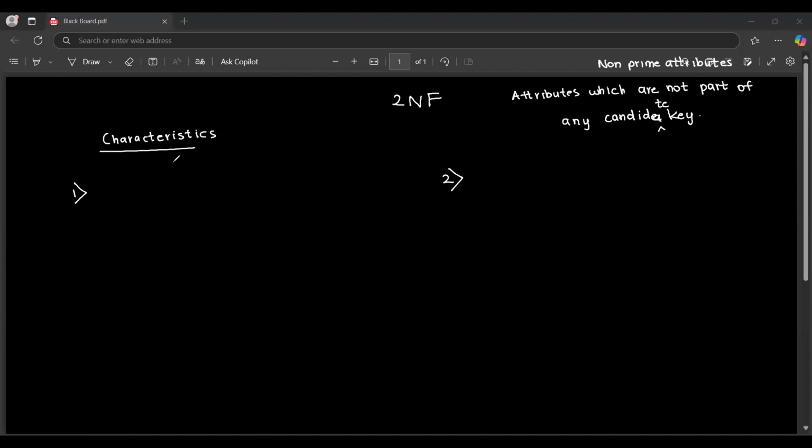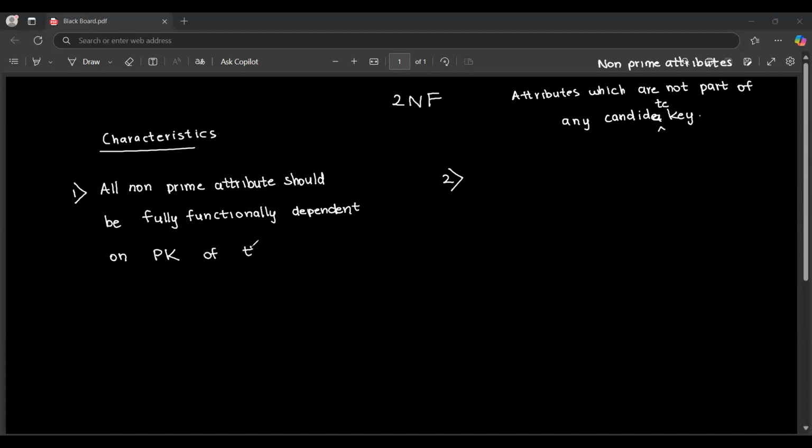Now, let's speak about the characteristics. All the non-prime attributes should be fully functionally dependent on the primary key of the relation.